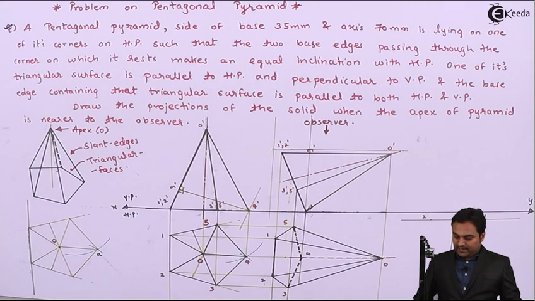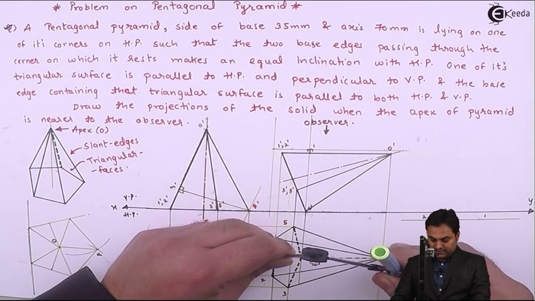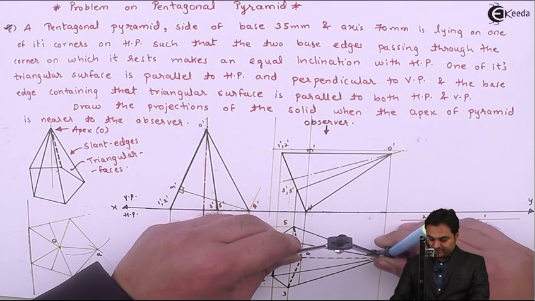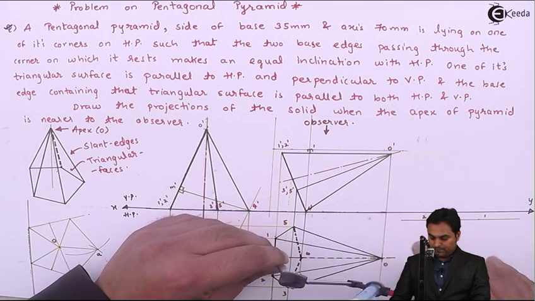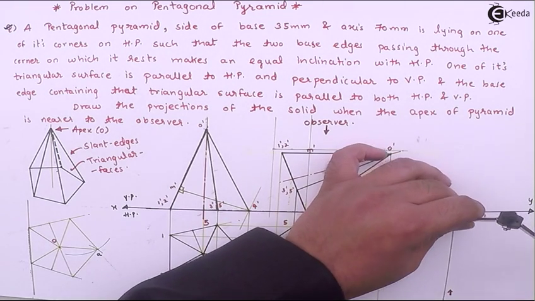Next, I'll be marking the distance from 1 to 2, this edge up to the apex, and copying this distance over here.